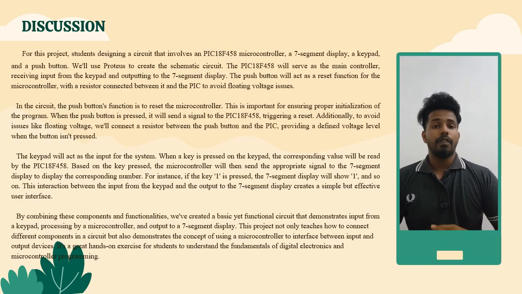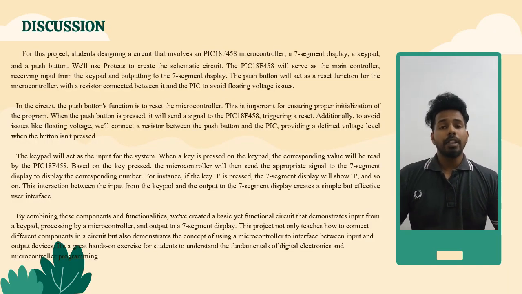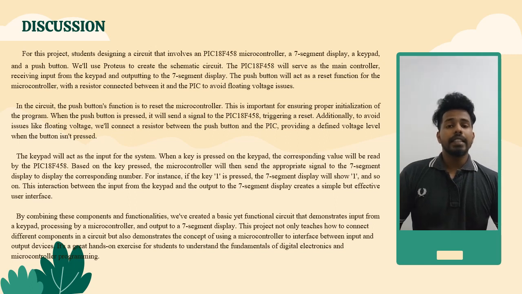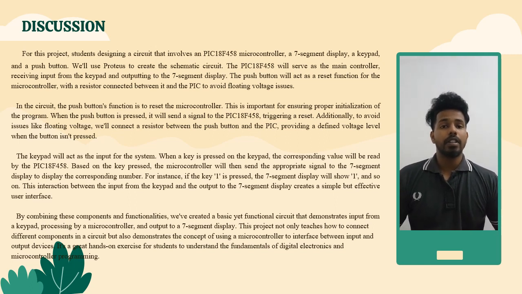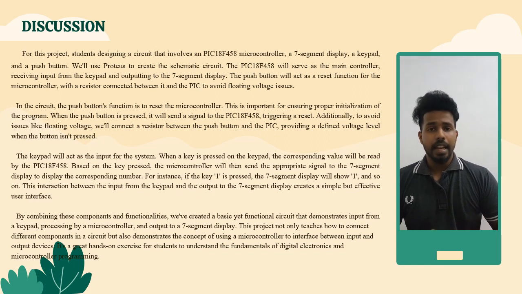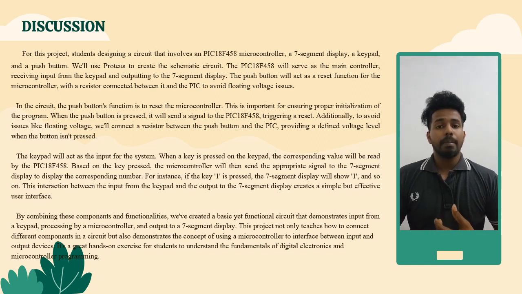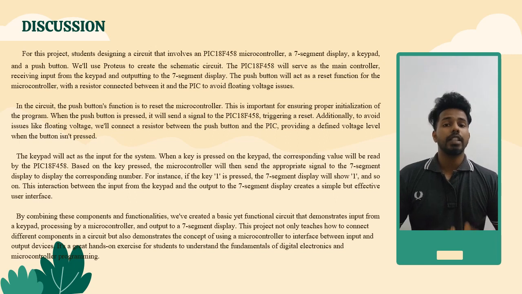Let's see the discussion of our mini project. Our mini project is about creating a circuit using a PIC 18F458 microcontroller, a 7-segment display, a keypad, and a push button. The PIC 18F458 microcontroller is like the brain of our circuit. It takes the input from the keypad and shows the output on the 7-segment display. We use the push button to reset the microcontroller if needed, and we include a resistor to keep the voltage stable.